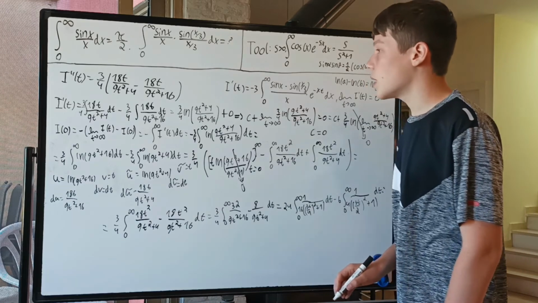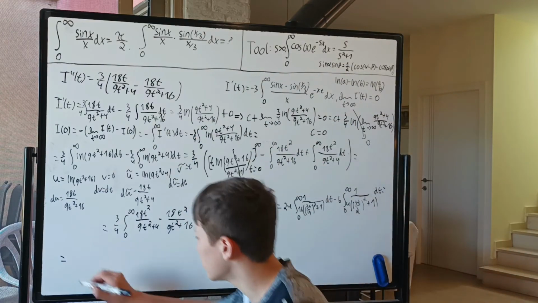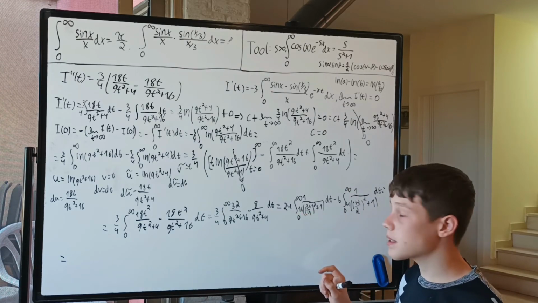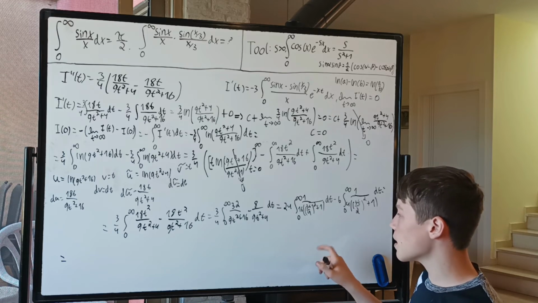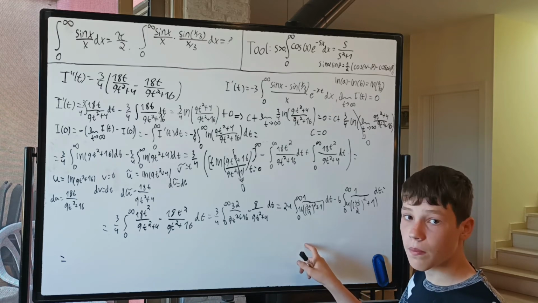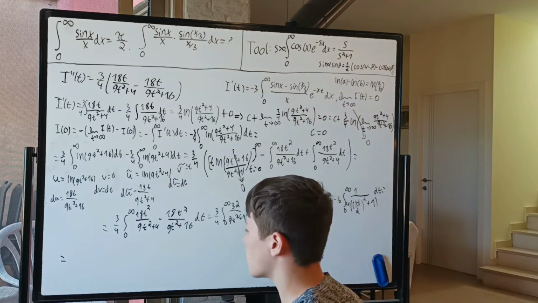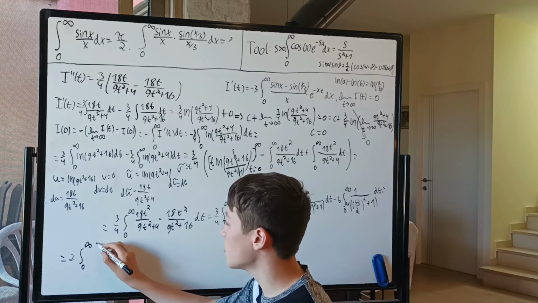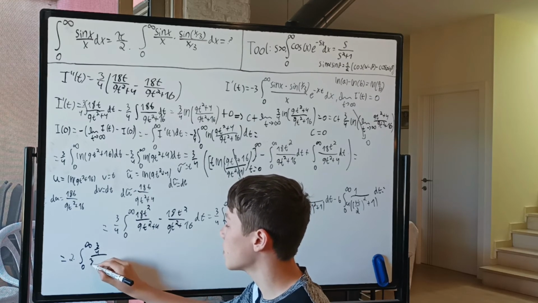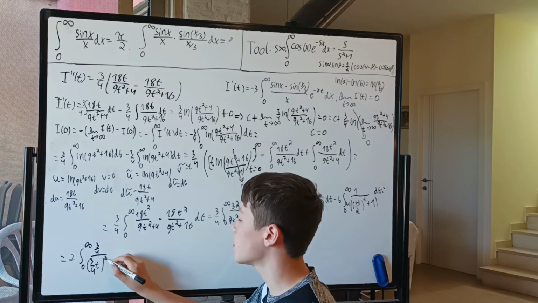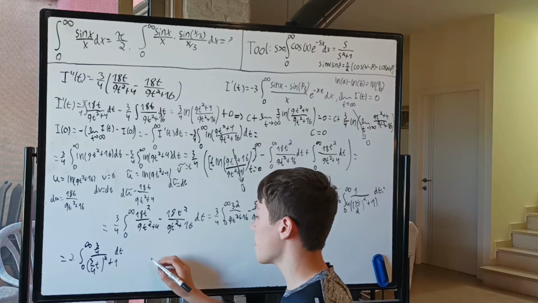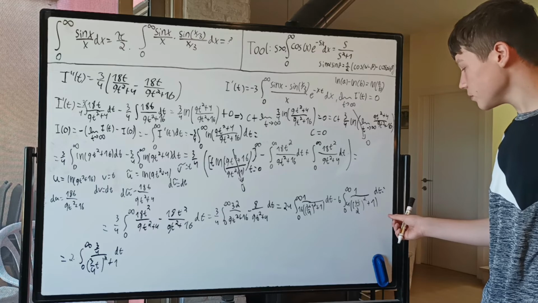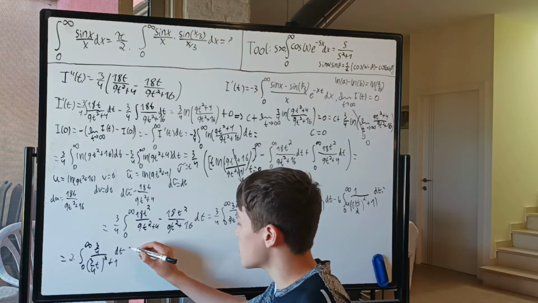Okay, 24 divided by 16, after canceling out 8, will be 3 over 2. And 3 over 2 is 2 times 3 over 4. This is going to be 2 times the integral from 0 to infinity of 3 over 4 divided by 3 over 4 t squared plus 1 dt. And then here, we're going to have 6 over 4, which is 3 over 2. So I'm going to put that inside already.